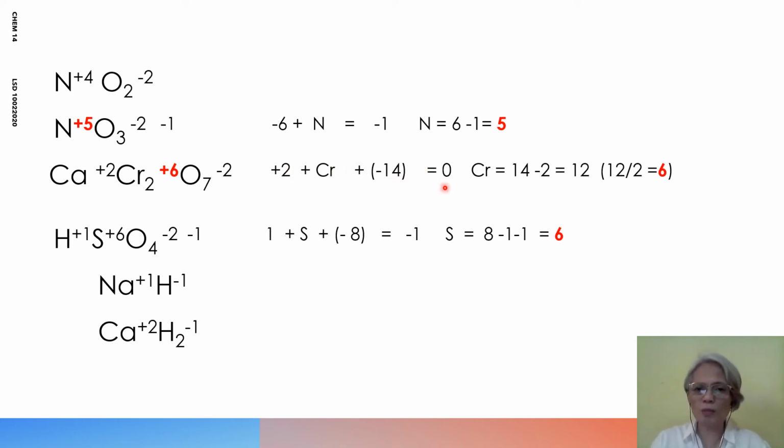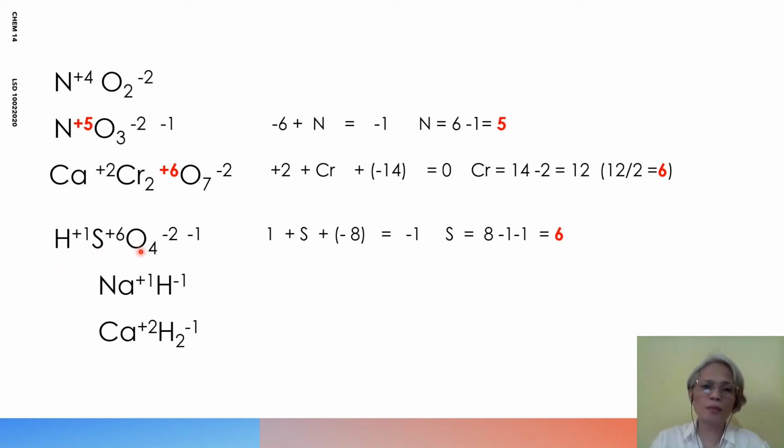So the sum must be 0. Simple algebra would give you 14 minus 2, that's 12. But take note that there are 2 atoms of chromium, so we divide that by 2. So 12 divided by 2, 6. And therefore, we know that the final charge of chromium is positive 6.